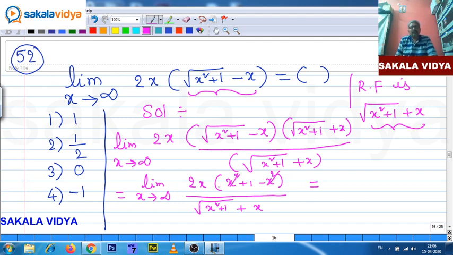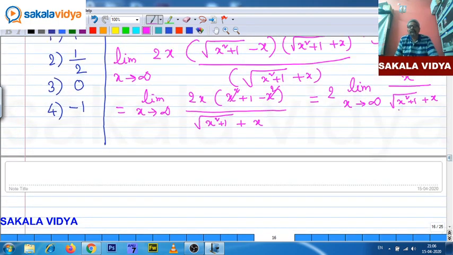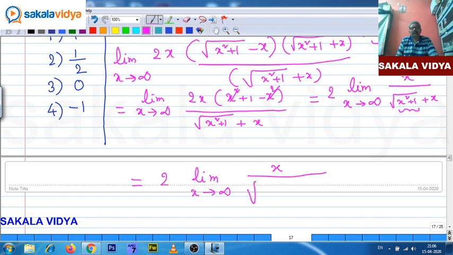So, now this equals 2 common, limit x tends to infinity, x by root of x square plus 1 plus x. Now here, take x square common. So this is equal to 2 times limit x tends to infinity, x by root of x square common, we have 1 plus 1 by x square, plus x.